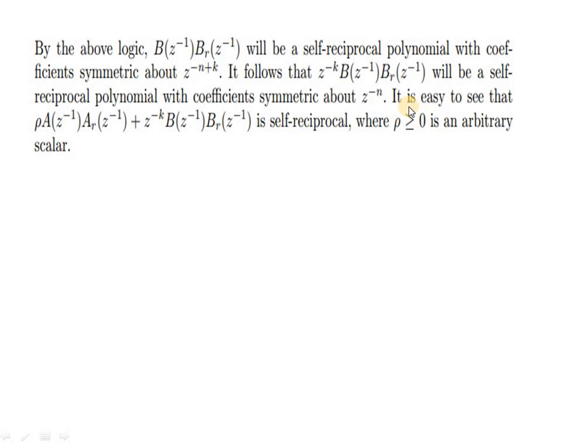From this conclusion, the polynomial a of z raised to minus 1 ar of z raised to minus 1 plus z raised to minus k into b of z raised to minus 1 into br of z raised to minus 1 is self-reciprocal. That is, we have proved this term separately as self-reciprocal, and this term separately as self-reciprocal, and we conclude that the whole expression is self-reciprocal. This is the whole process in spectral factorization.